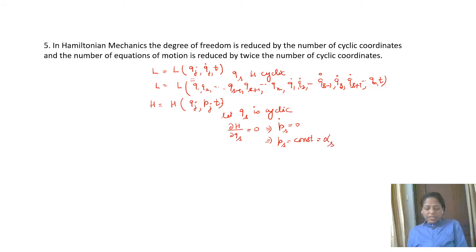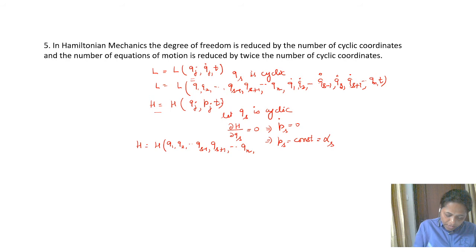So you see that in this expression, H is equal to H of q1, q2, qs minus 1, qs plus 1, qn, then p1, p2, ps minus 1, alpha s, ps plus 1, then pn, and time, right?